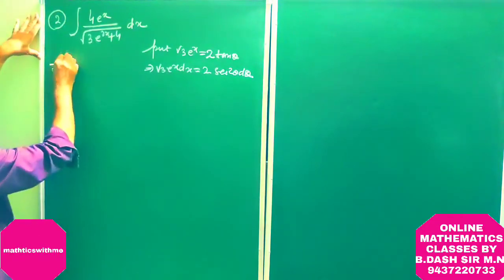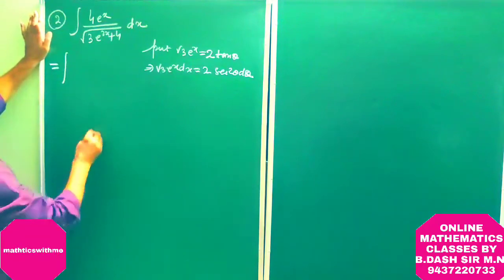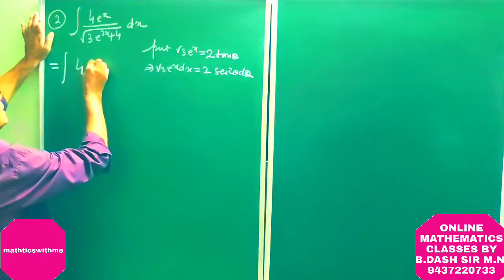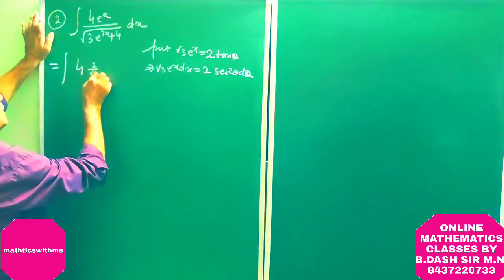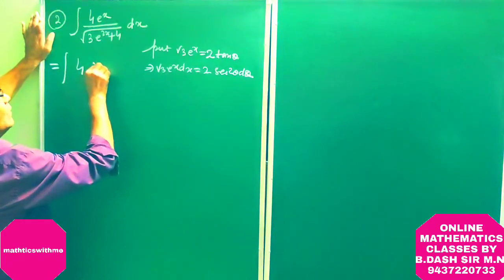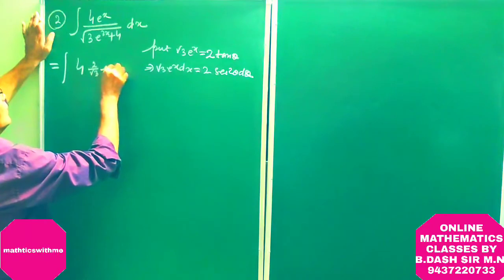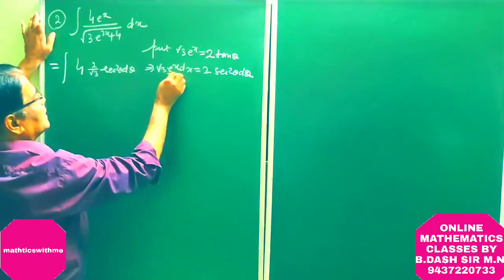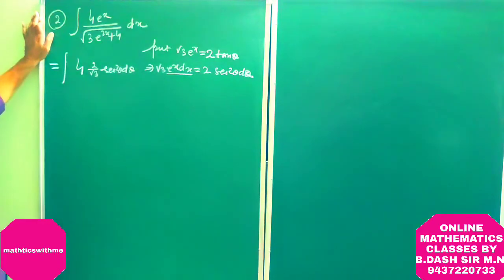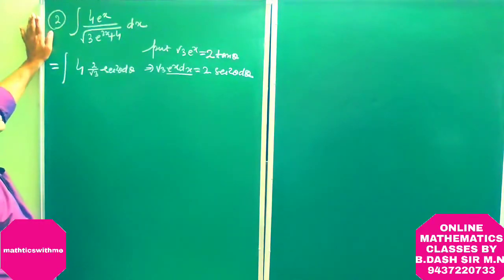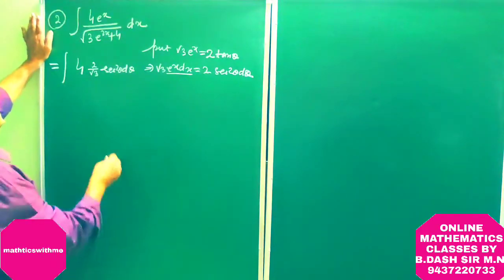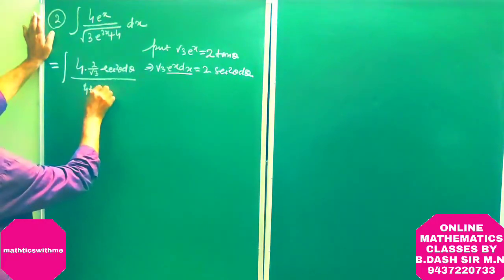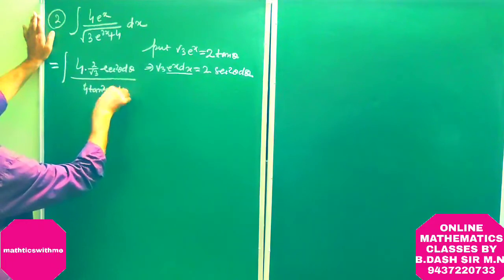So the above integral becomes 4 e to the power x dx, which can be written as 2 by root 3 sec square theta d theta, because here e to the power x dx is equal to 2 by root 3 sec square theta d theta, divided by root over 4 tan square theta plus 4.